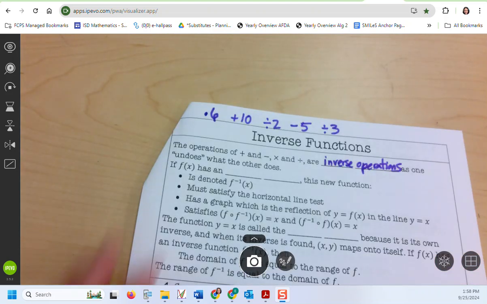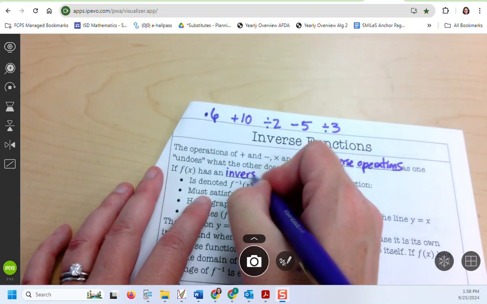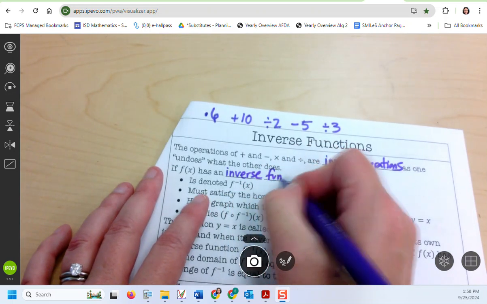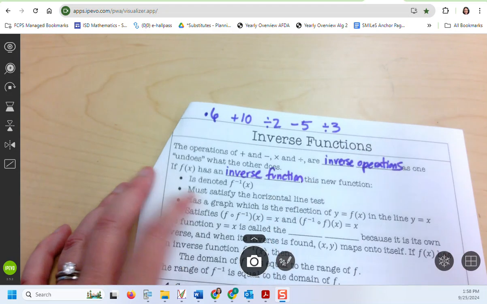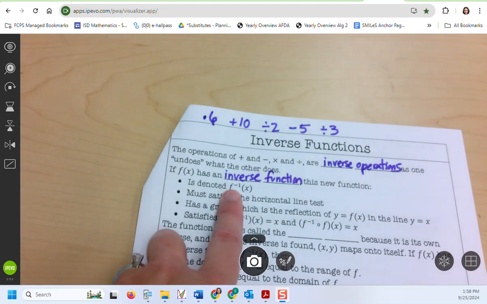If f of x has an inverse function, this is what we call it. This means the inverse of f, right here. It's confusing because when you have a negative exponent, that also means reciprocal.